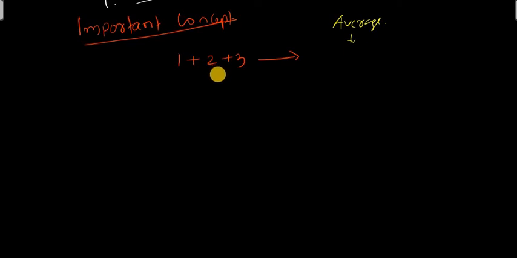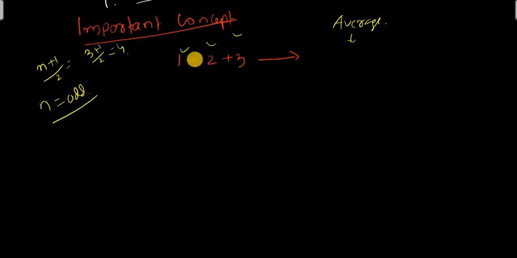Take the quantity 1, 2, 3: the average is 1 plus 1 by 2, that is 2. For the third term, 3 plus 1 by 2 equals 2, so when n is odd, the middle number is the average.